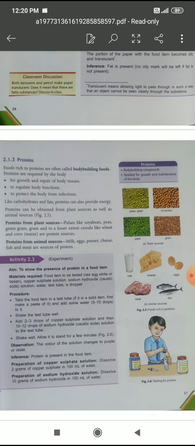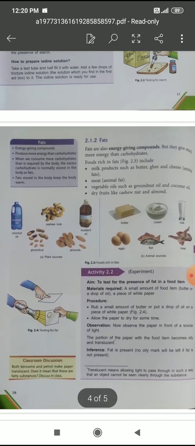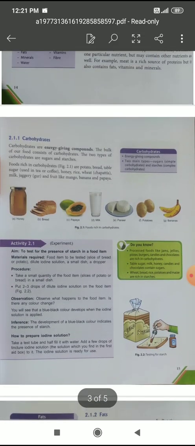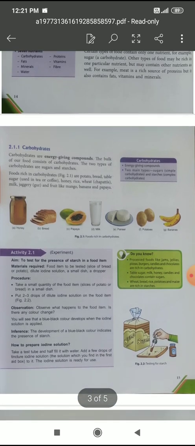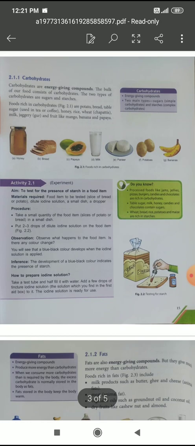Okay, children. So, now what did we discuss? First, 7 components of food. These are carbohydrates, fats, minerals, water, proteins, vitamins, fiber. Okay, like this you remember. Then carbohydrates, the sources of carbohydrates. Then this experiment also you practice.